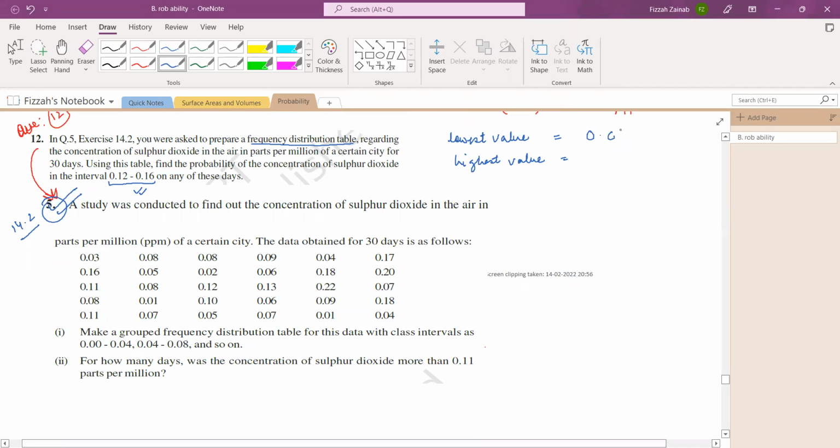Okay, 0.01. And the highest value? Ma'am, 0.22. Okay, 0.22. Now the class interval, you can see from here, 0.16 minus 0.12. So what are you getting? 0.04 is the class interval, right? So you have to make your table like that.